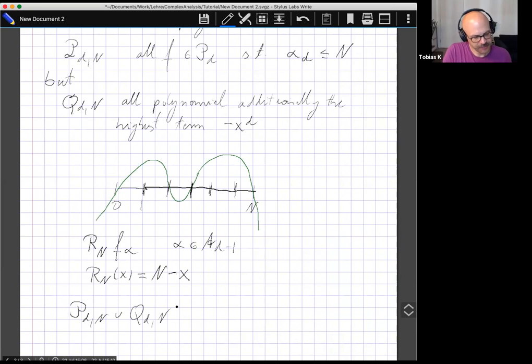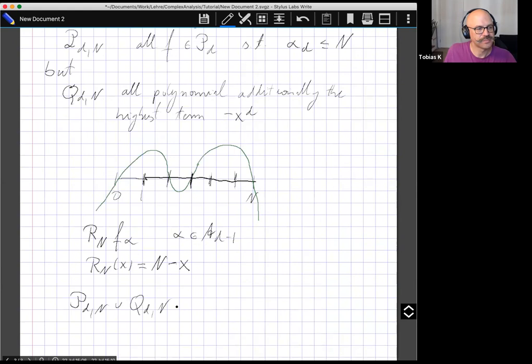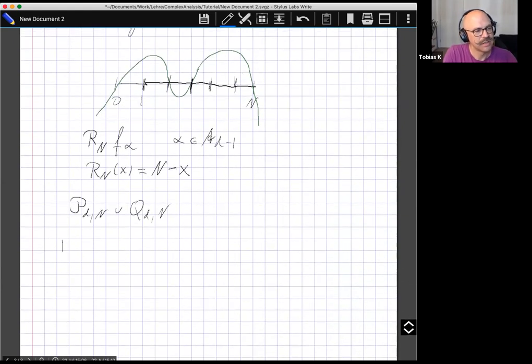And so we are ready to write our main theorem. This is theorem 4.2.